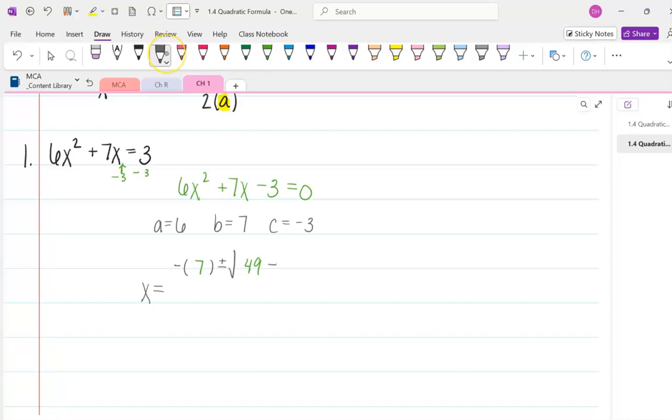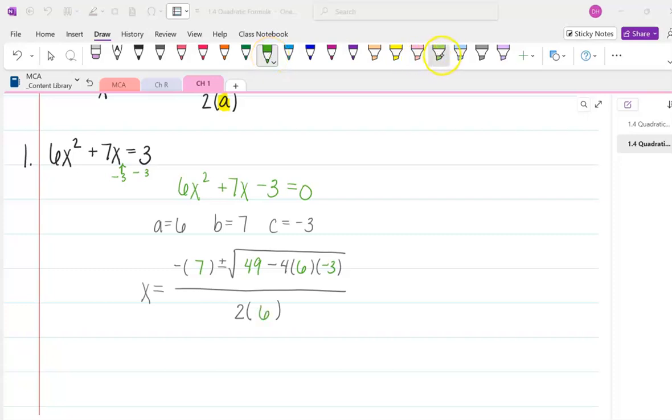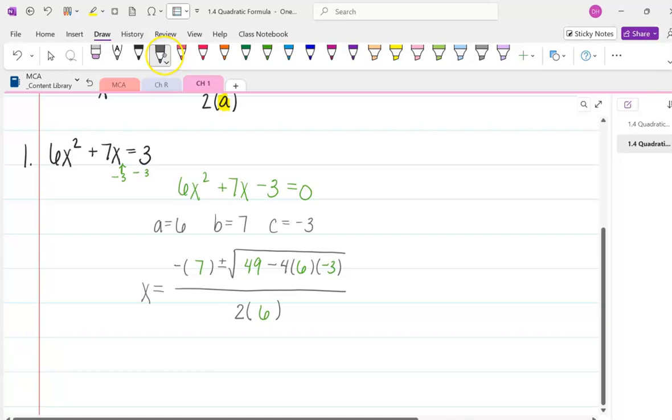And then you've got minus 4 times a times c, and then all divided by 2 times a.